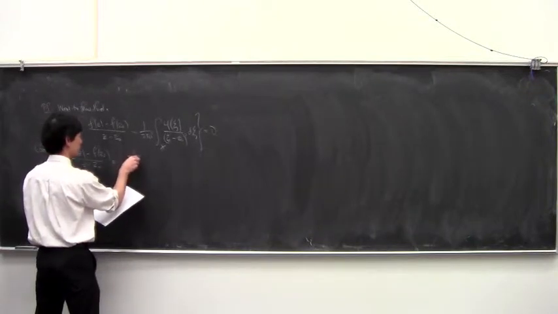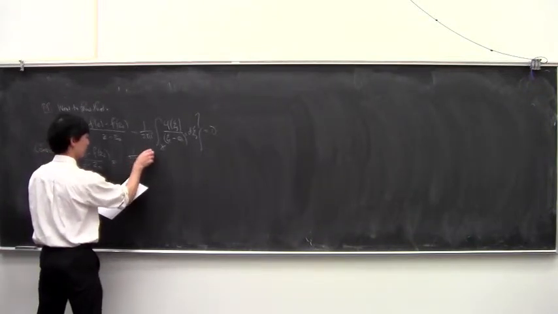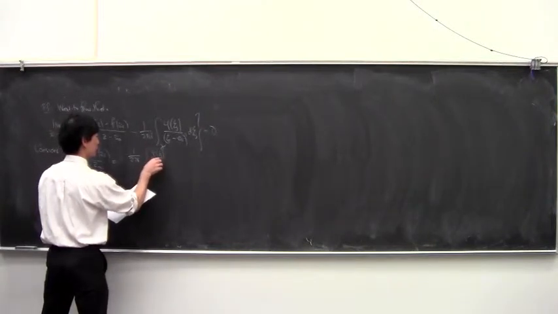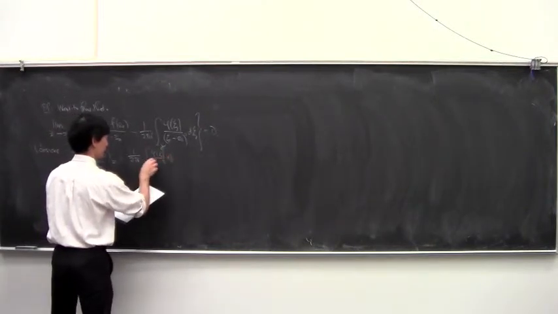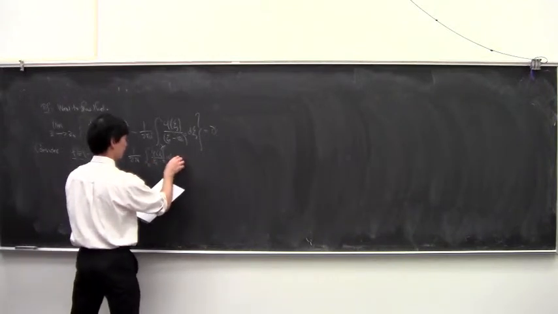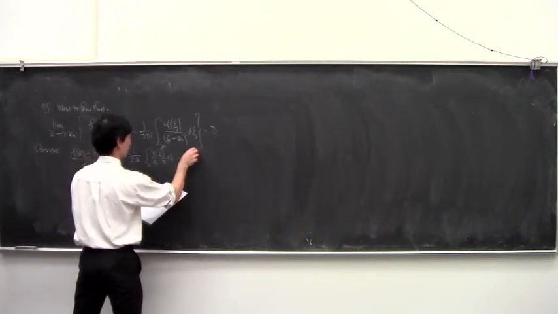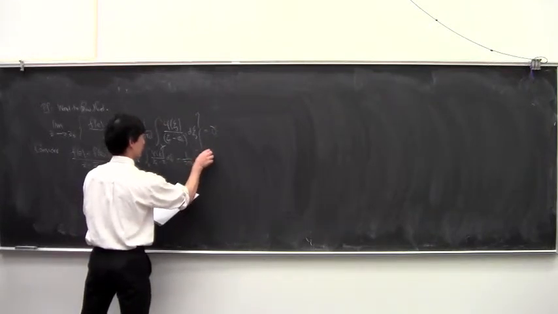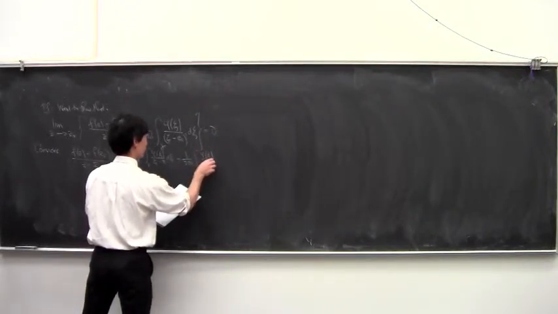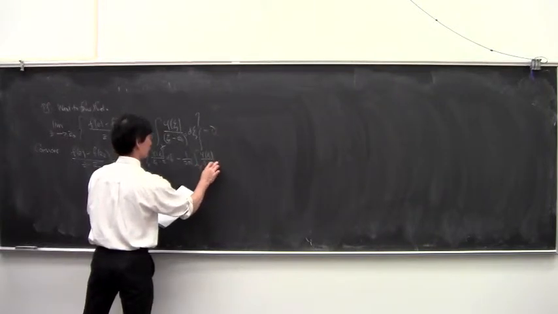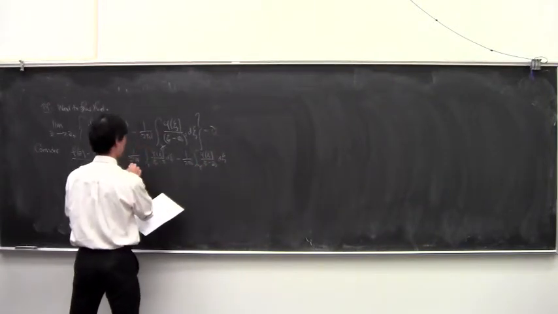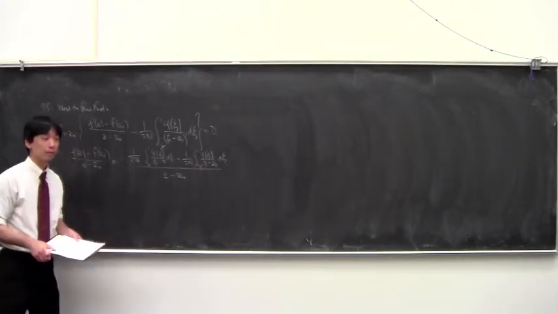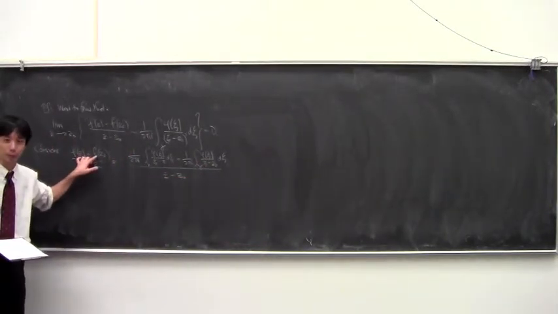That's f of z is going to be 1 over 2 pi i times the integral over gamma of phi of zeta over zeta minus z d zeta. And f of z naught is 1 over 2 pi i times the integral of phi of zeta over zeta minus z naught d zeta, everything over z minus z naught. I'm just using the integral formula.